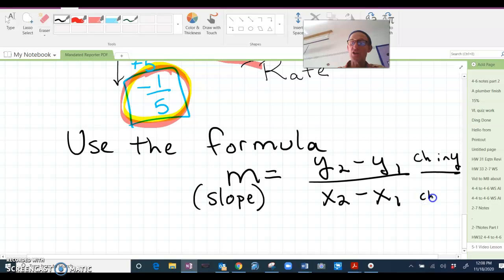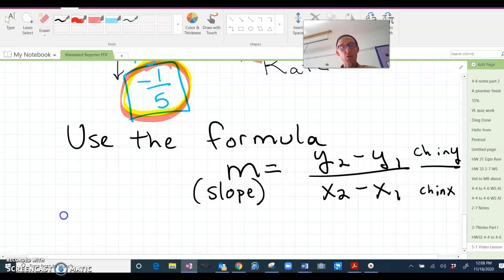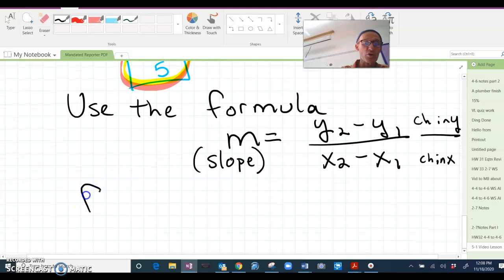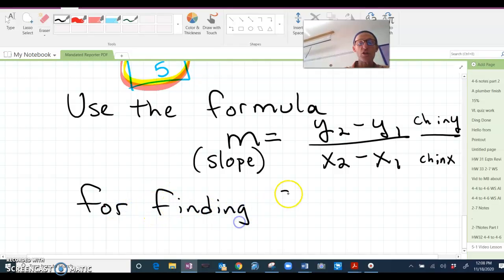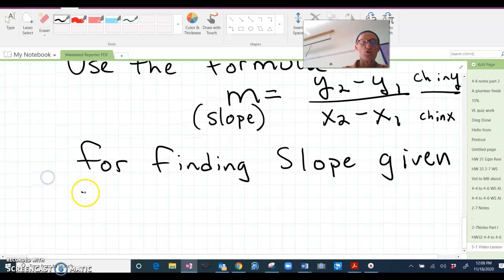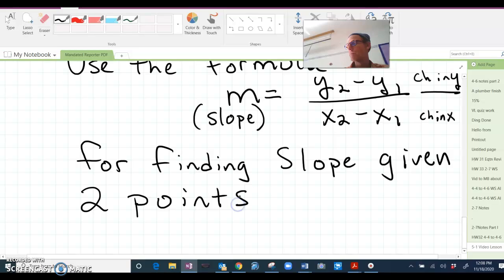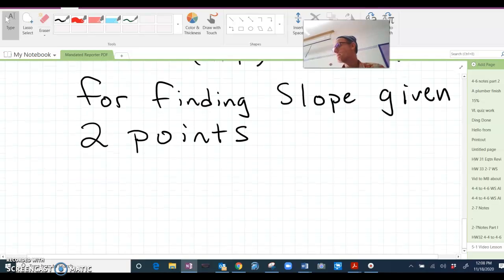And this is the change in x. Because when you subtract two numbers, you find the difference, the change. This is for finding slope given 2 points.